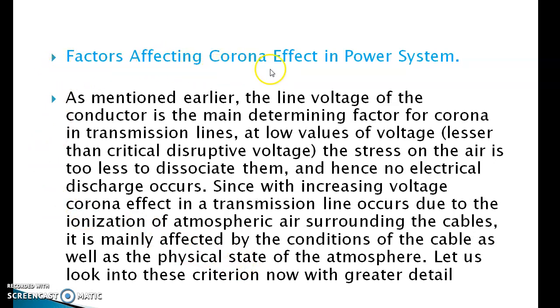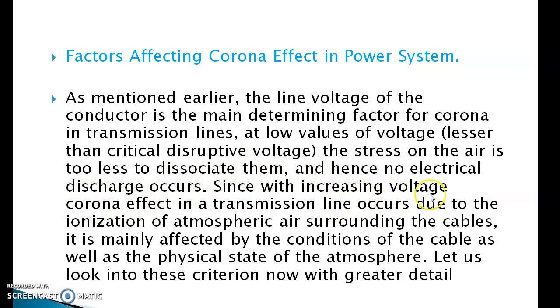Next, the factors affecting corona effect in power systems. As mentioned earlier, the line voltage of the conductor is the main determining factor of corona in a transmission line. At low values of voltage, the stress on the air is too little to dissociate it, and hence no electrical discharge occurs.